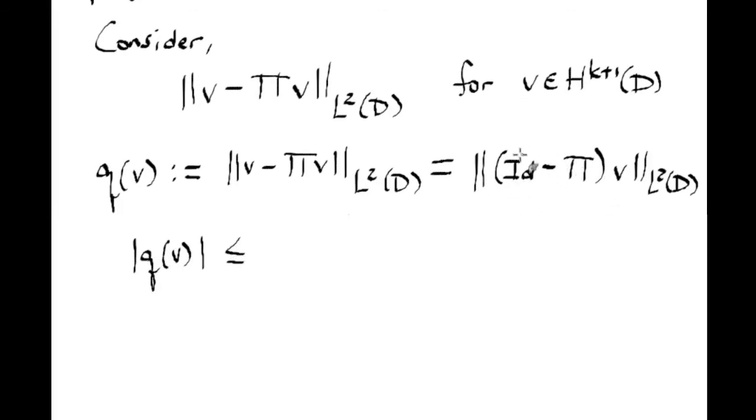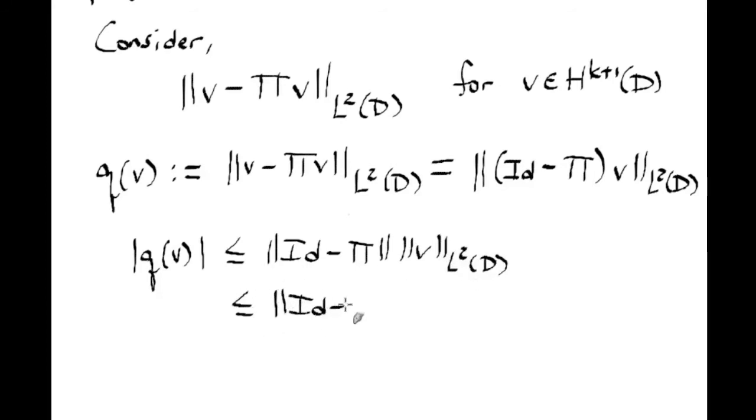Well, this is an operator applied to some function v. So this is just the norm of that operator times v in the L2 norm. And this L2 norm is certainly bounded by the H^{k+1} norm.